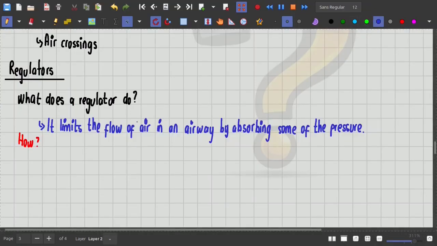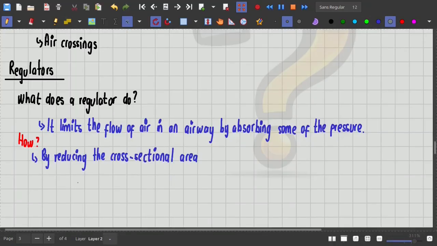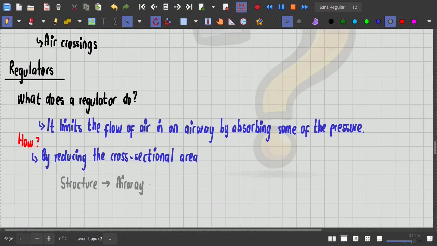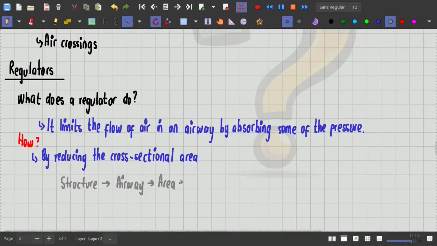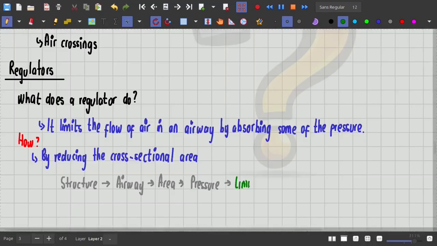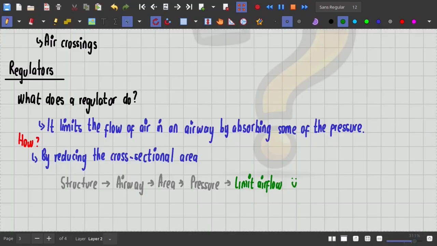Well, we do that by reducing the cross-sectional area. Essentially, it's a structure that you would put up in an airway to reduce the cross-sectional area, which absorbs the pressure, therefore limiting the flow of air. So that's your regulator in perspective.